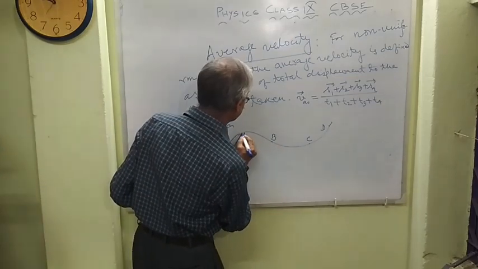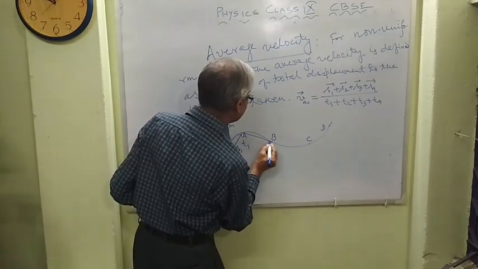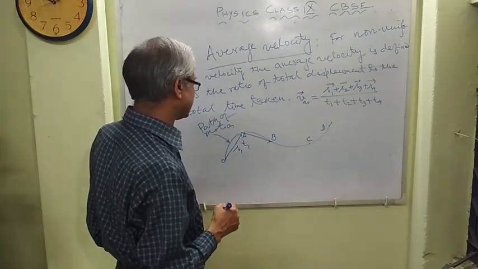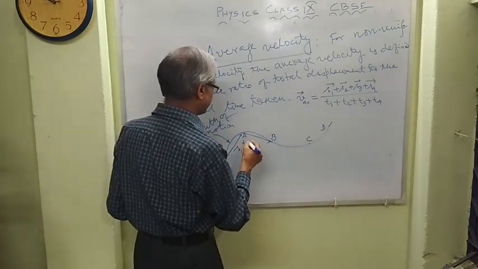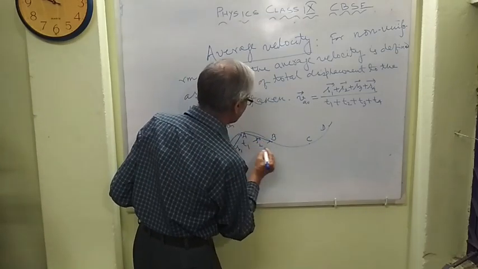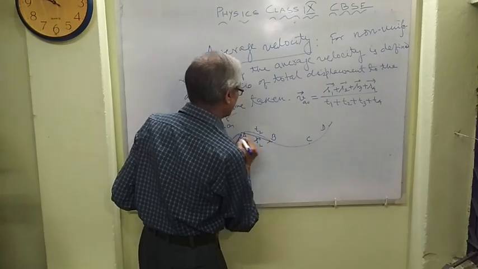Similarly, from A to B, the displacement will be obtained by joining A and B by a straight line segment, say S2, time taken T2.